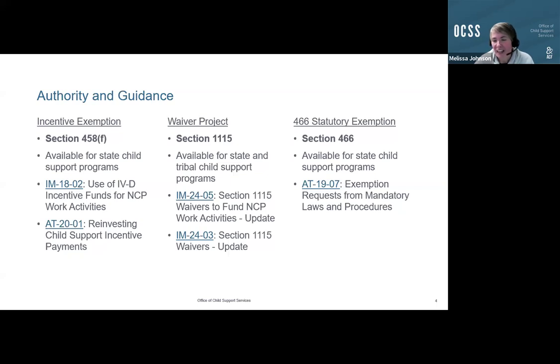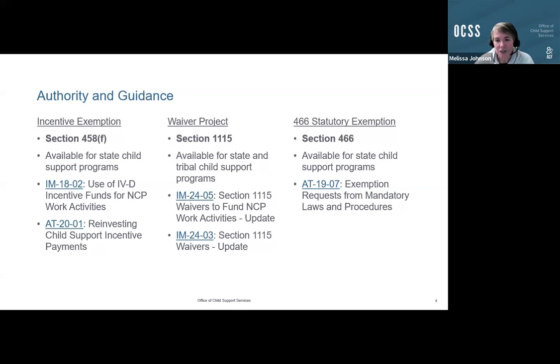And finally, in the far right column, we're going to talk a little bit about Section 466 exemptions. Again, we have this named appropriately because it's found in Section 466 of the Social Security Act.